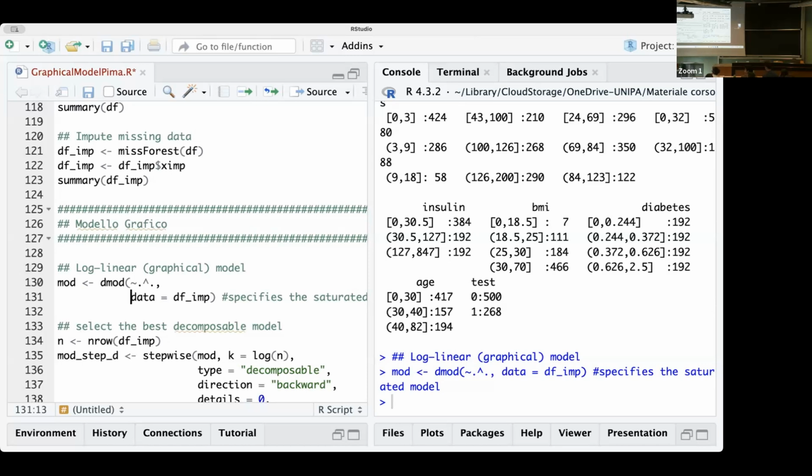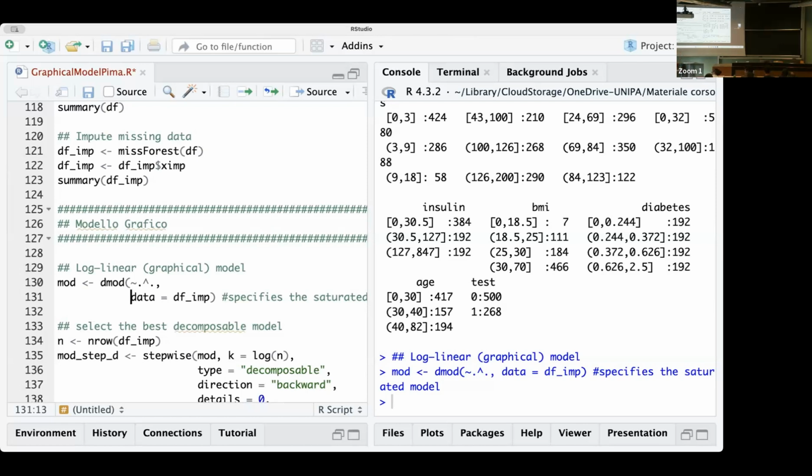Decomposable models work more on a subset of the graph. So it's like you decompose the model and you have maybe 100 variables, but you are working on 5, 6, 7. Actually, there's something that tells you you have to consider the largest clique, the one that contains more nodes, and that one is the dimension of your model.